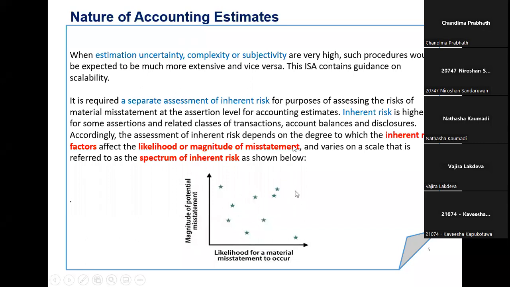But when it comes to an impairment assessment where the model used is entity specific, there is a possibility of high estimation uncertainty, complexity, and subjectivity.